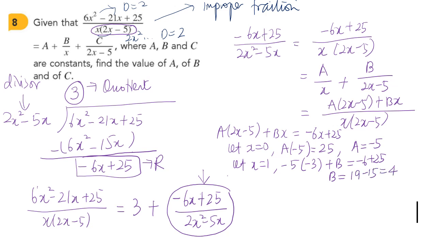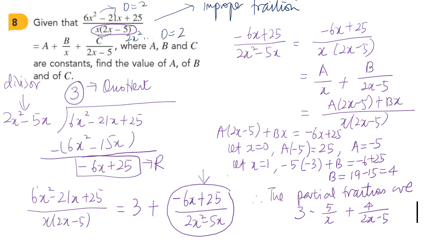All right, so therefore, the partial fractions are 3 minus 5 over x plus 4 over 2x minus 5.